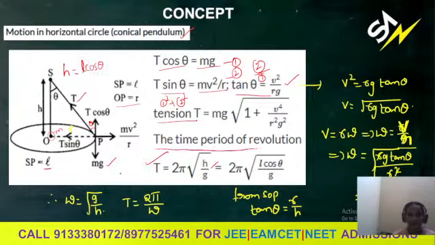So the time period of the revolution becomes 2 pi into under root of L cos theta by g. So when it describes a horizontal circle, the tension along the string is this much, and the time period of revolution is this much. If they ask for angular speed, we can use omega equal to under root of g by h. And what is the speed? It is given at the point P, under root of rg tan theta.